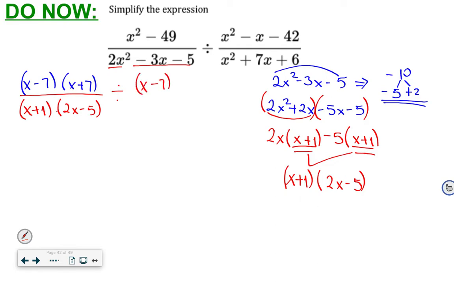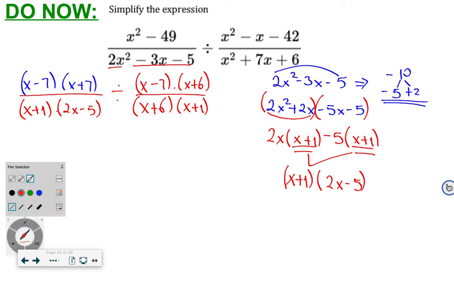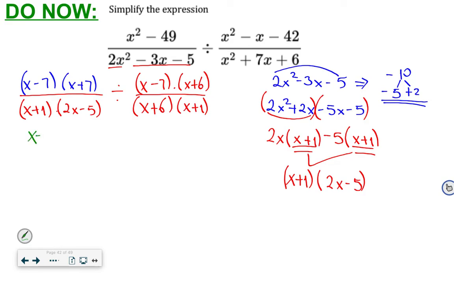x minus 7 times x plus 6. Over, what about the denominator? x plus 6 times x plus 1. To be able to simplify, we are going to use keep change flip. So x minus 7 times x plus 7 over x plus 1 times 2x minus 5.